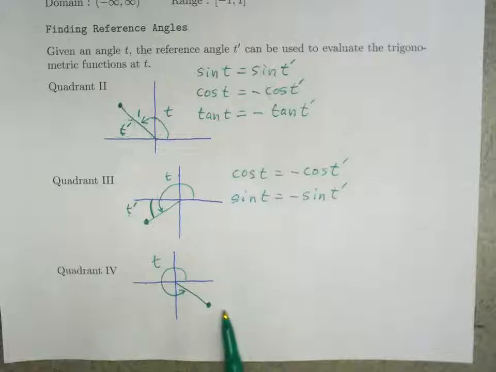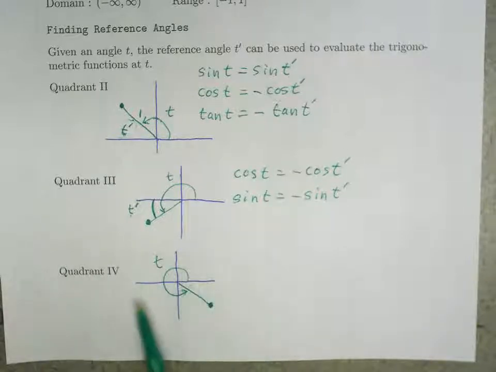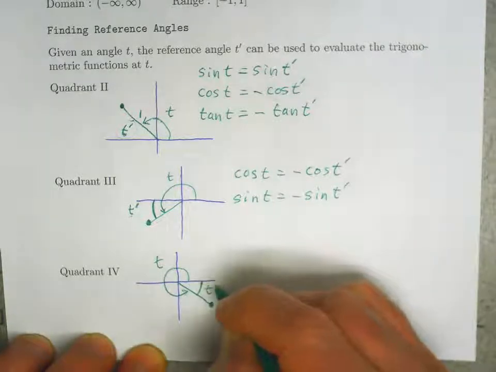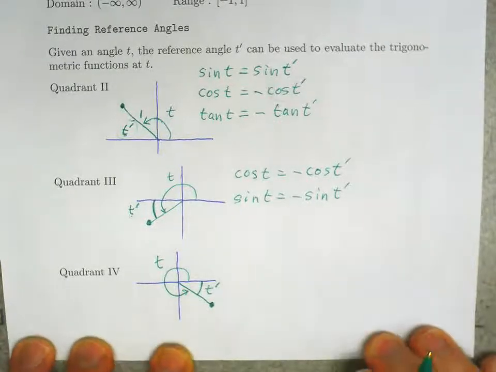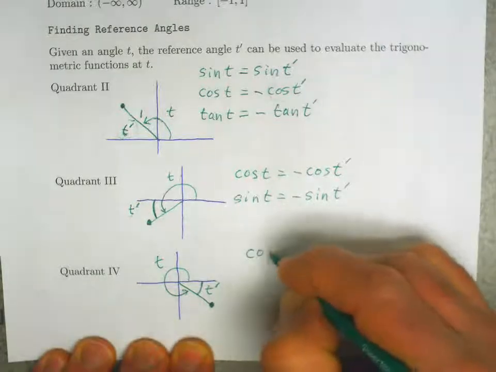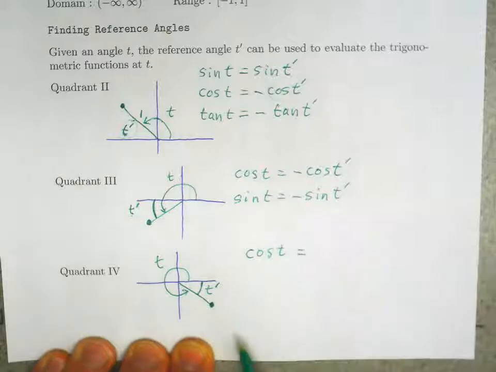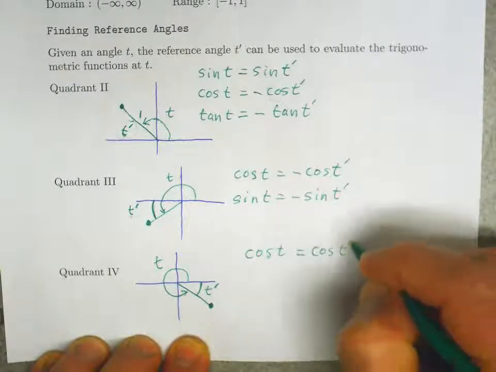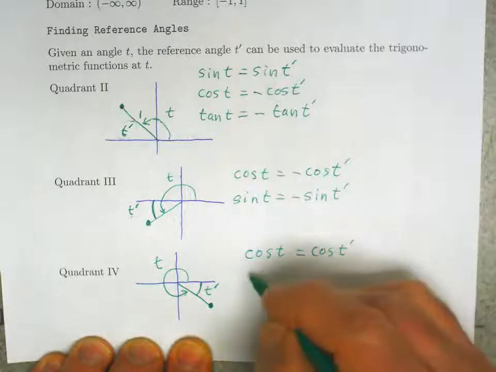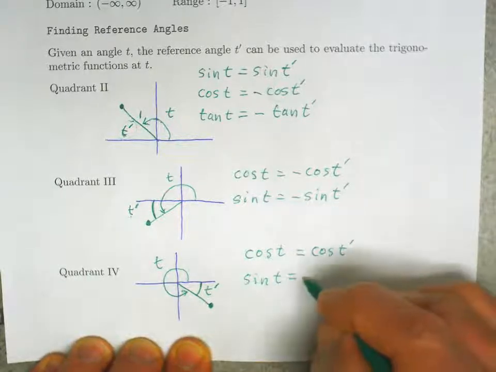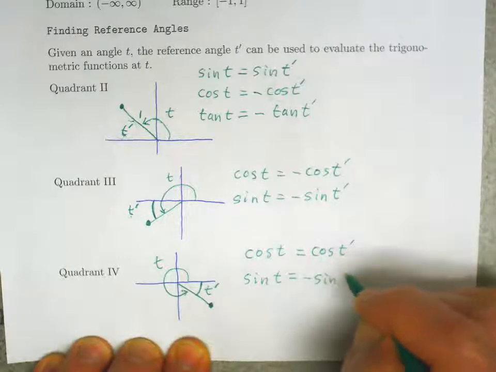But the y-coordinates are negative, so sine of t will be negative. The reference angle is t prime. So cosine of t will be exactly the same as cosine of t prime. And sine of t will be equal to the negative of sine of t prime.